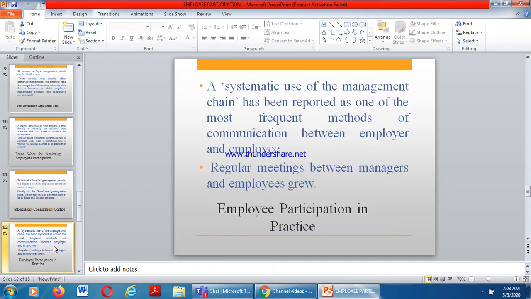A systematic use of the management chain has been reported as one of the most frequent methods of communication between employer and employee. Yes, there is a systematic chain.